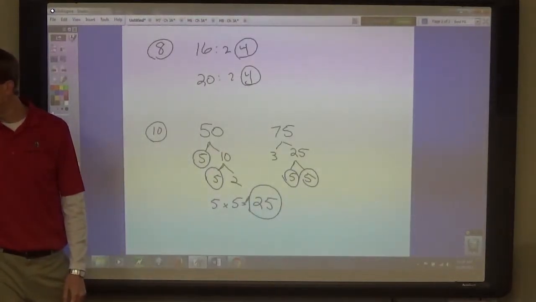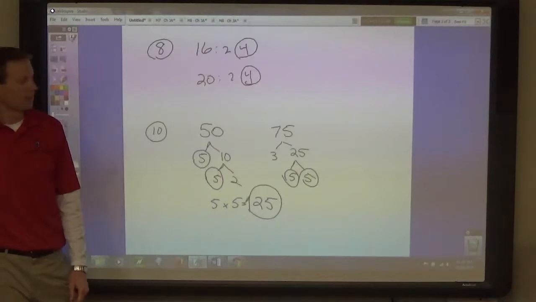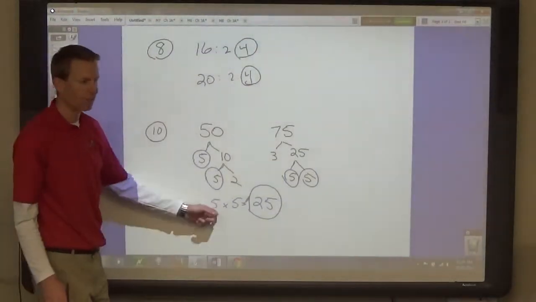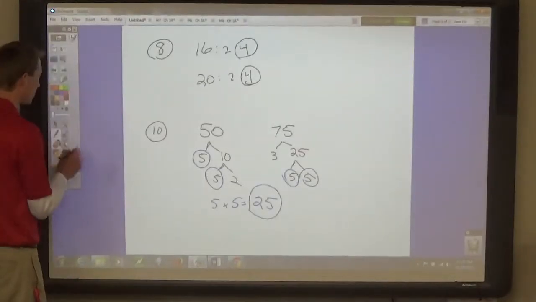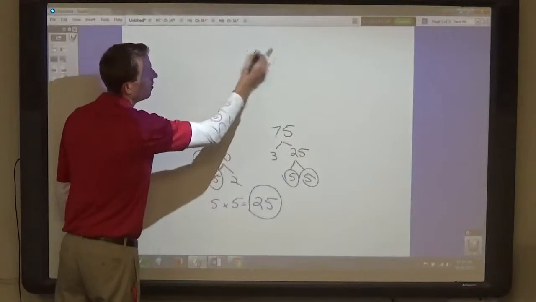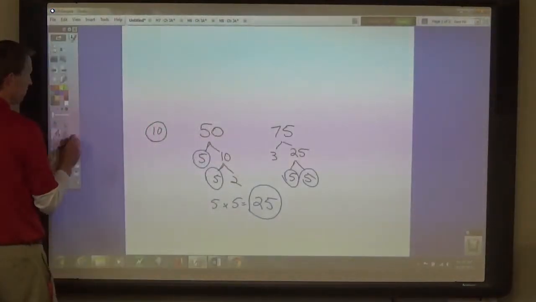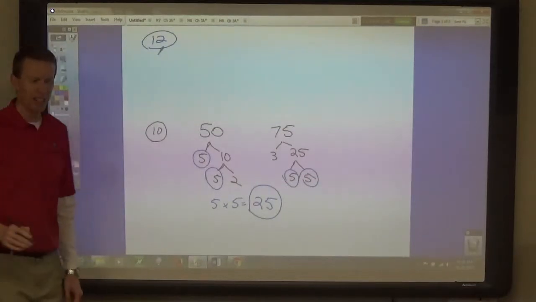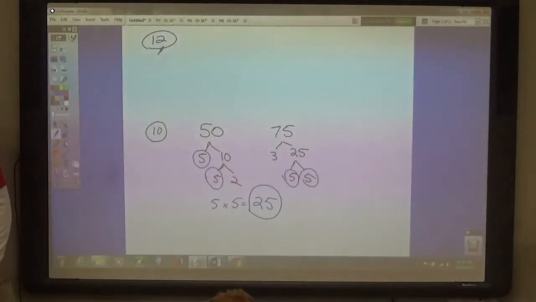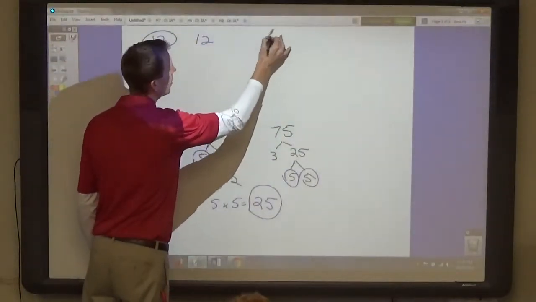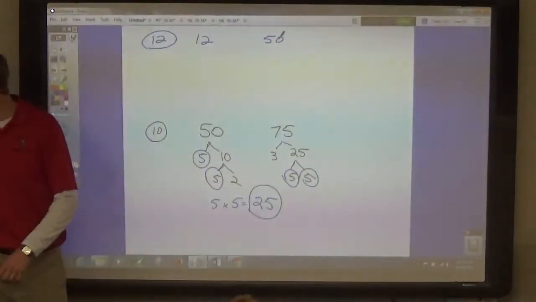Copy this one down. Number 12. Copy this one down. You might be able to, but I don't think that's going to work for, well, maybe it will work for this one. 12, 50, and 60.